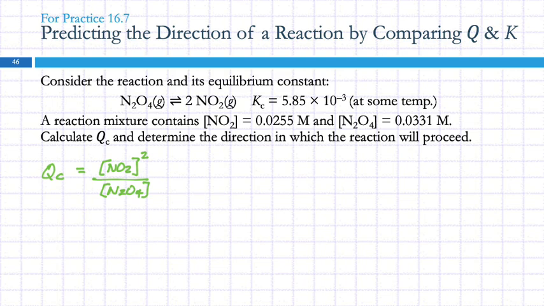Okay? We're given these concentrations. This is at its current state, and we can plug these in and find out what the value of the reaction quotient is. So NO2 is 0.0255, that'll be squared, and N2O4, 0.0331.